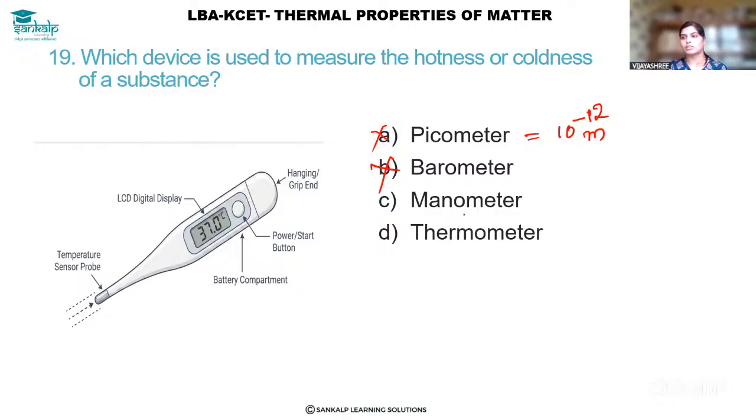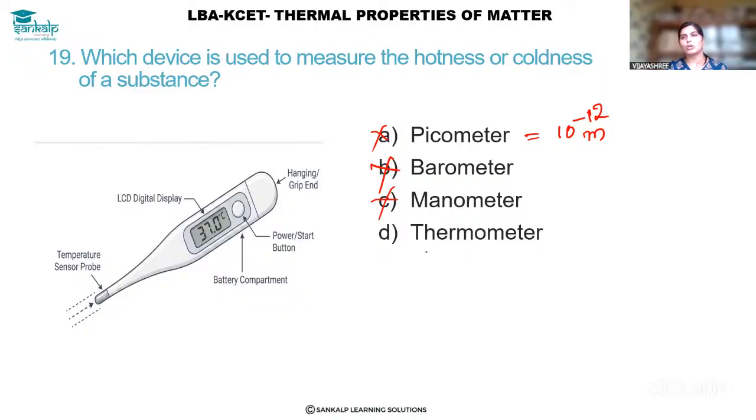And where do we use a manometer? It measures the pressure of gas or liquid. So barometer measures atmospheric pressure, and manometer is used to measure the pressure of gas or liquid. So it is not our answer.